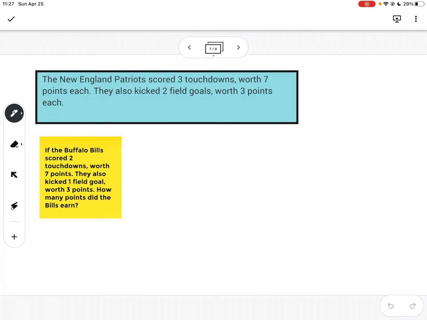Okay. In our next question, we now are looking at the Buffalo Bills. They scored 2 touchdowns worth 7 points and kicked 1 field goal. So same questions, different teams. So the points they earned on touchdowns was 2 times 7, so 14 points. And then the points they earned on field goals is just 1.